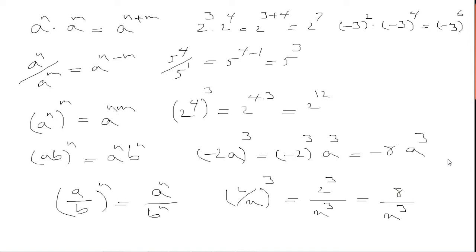Okay, there are two more properties left, and these two other properties are going to help us get to the negative exponents. So imagine a and b are positive integers, and you have a to the power of negative m over b to the power of negative n. So if m and n are positive integers, then negative m and negative n would be negative integers.